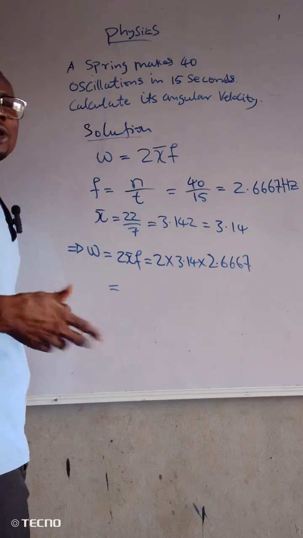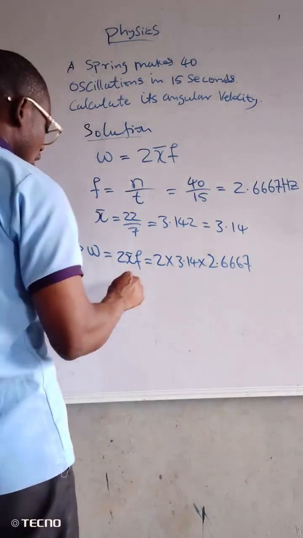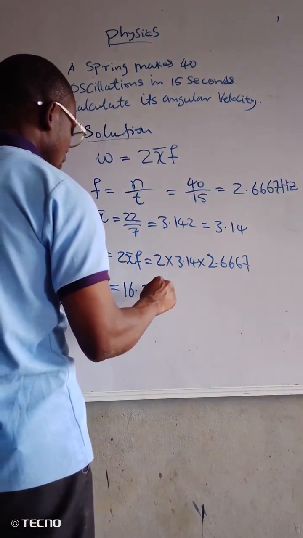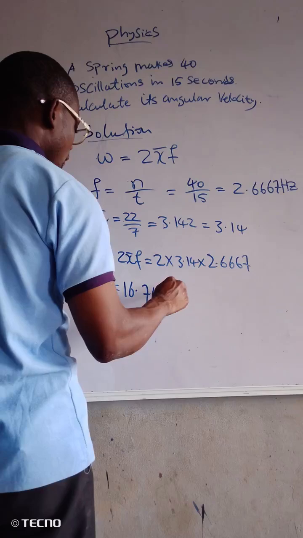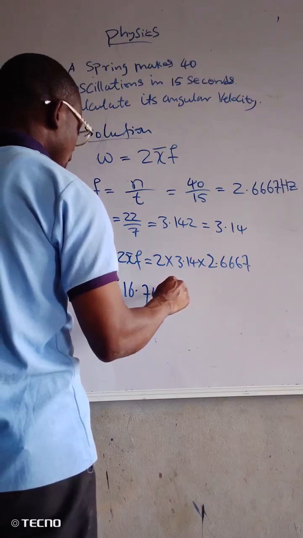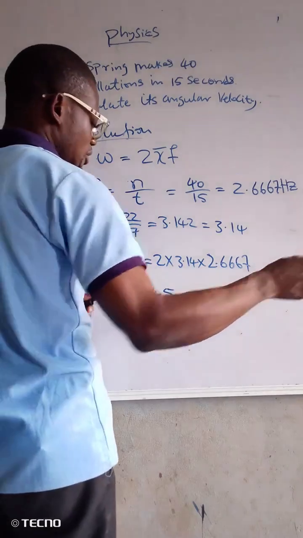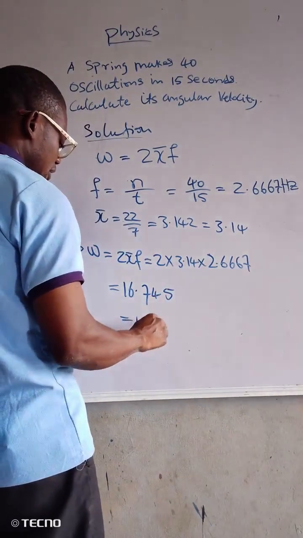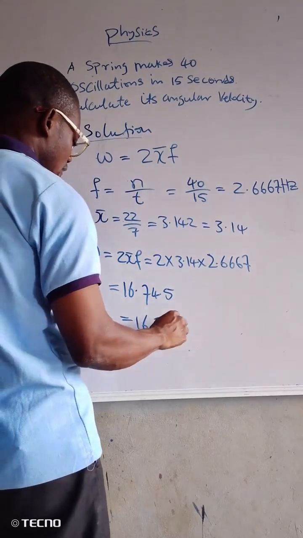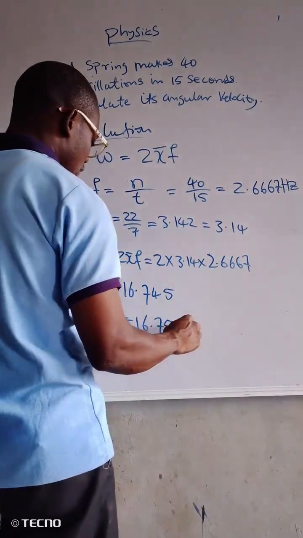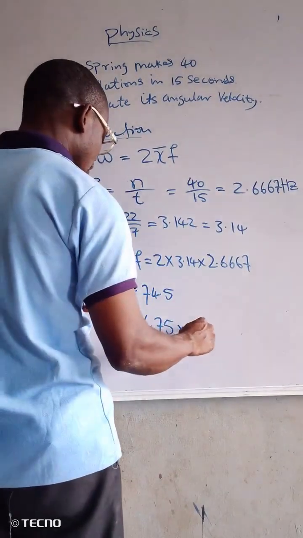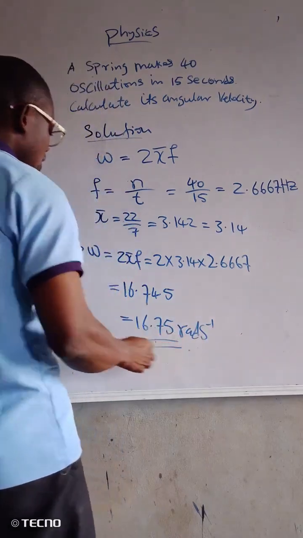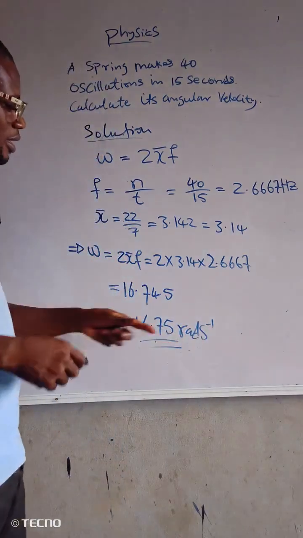When you punch your calculator, you will have 16.774 or 16.745 or something like that, which is approximately 16.75 rad per second. That is angular velocity.